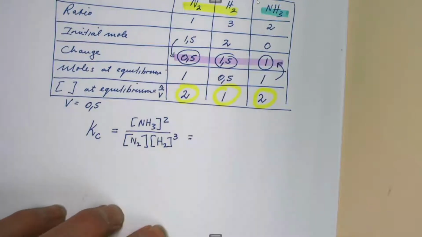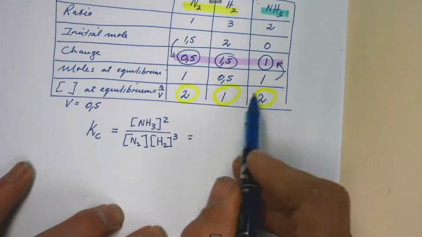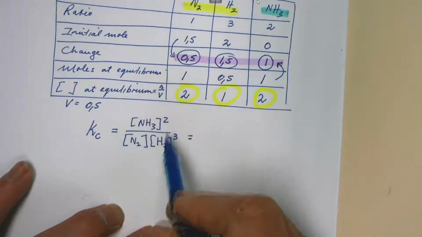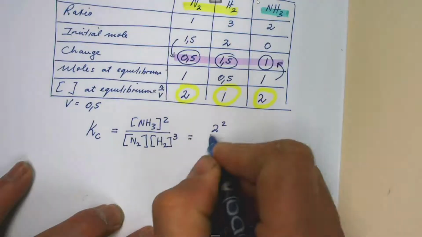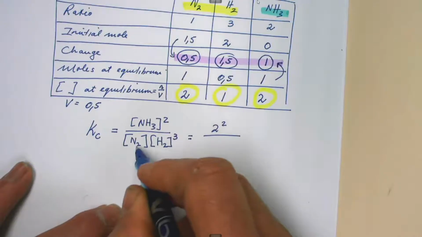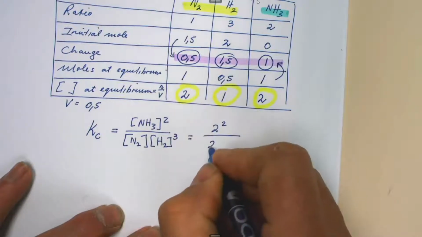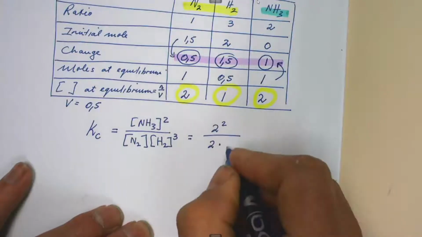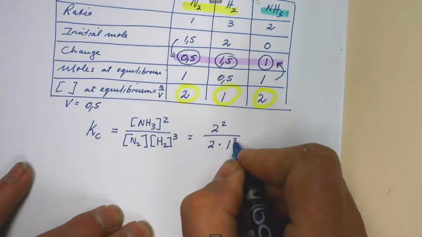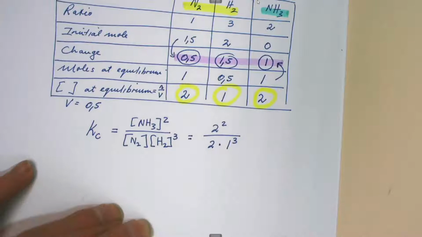Now I just substitute my equilibrium concentrations. So the NH3 concentration is 2, so I will have 2 to the power 2, and then my N2 will be 2 to the power 1 multiplied by 1 to the power 3, because that is my H2.